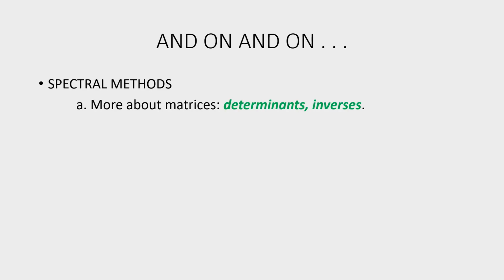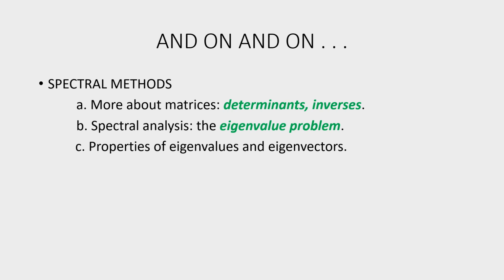I'll then go on to talk about spectral methods. As I said, this is a comparatively recent idea. It's a much more in-depth, sophisticated study of matrix properties. Particularly, it centers around something called the eigenvalue problem. So I'll give a definition of that.